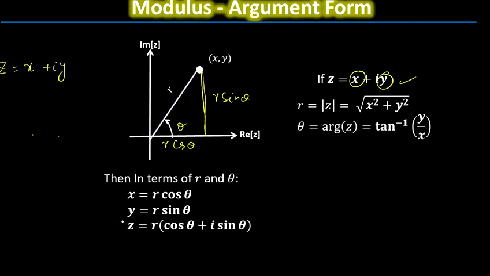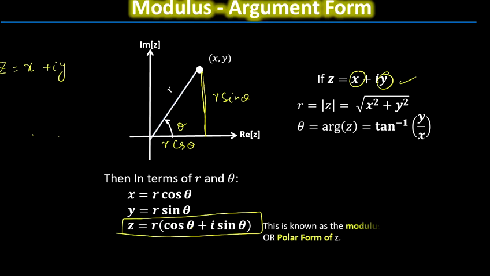You have another way of writing the complex number. I've taken r common: r(cos theta plus iota sine theta). This format is known as modulus argument form, because r is modulus, theta is argument, or another name is the polar coordinate form. So now you have learned two different ways of writing a complex number, standard form and the polar coordinate form.